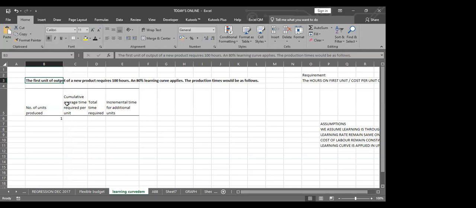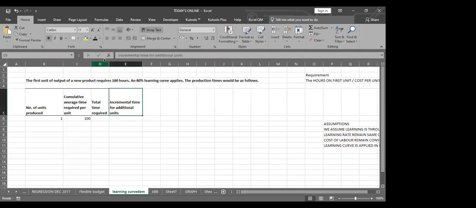So let's fill the table on our own to understand. I've developed some columns, which are usually tested in the question here. The first unit requires 100 hours. That is the average time which we are talking about. Average time required per unit. Total time required.